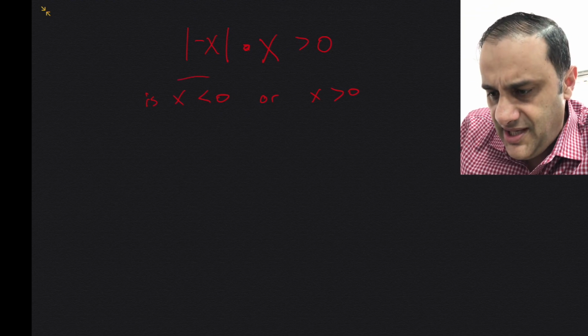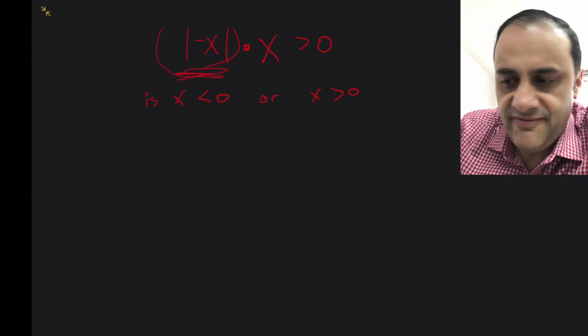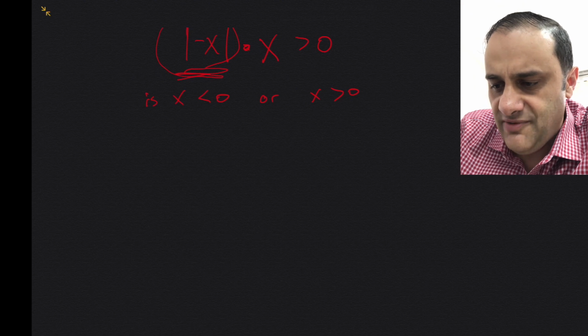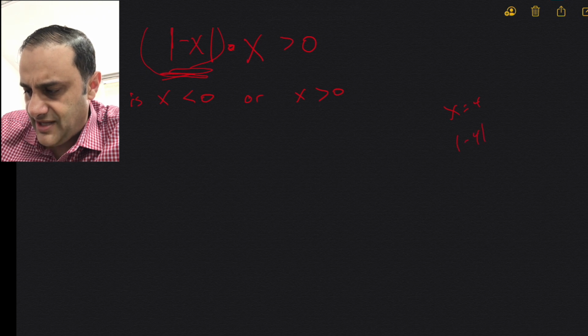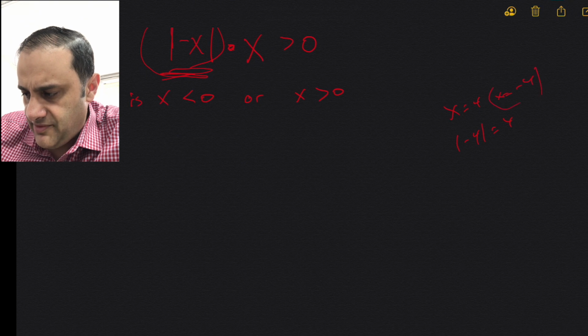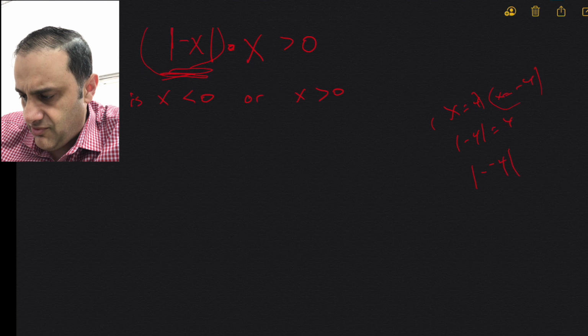If you look at this, the absolute value of negative x, let's say x is positive 4. Then we want to know the absolute value of negative 4. That's going to be positive 4. If x is negative 4, we want the absolute value of negative times negative 4, which is the absolute value of 4, which is still 4.